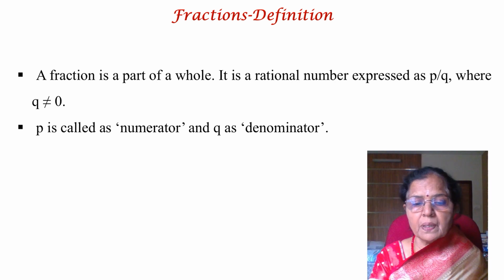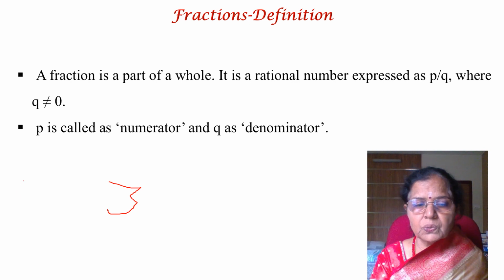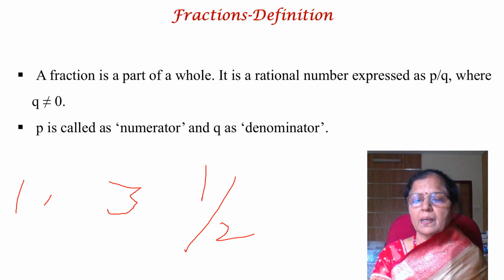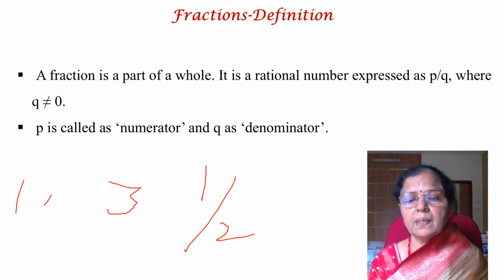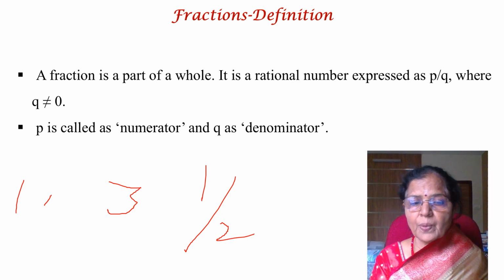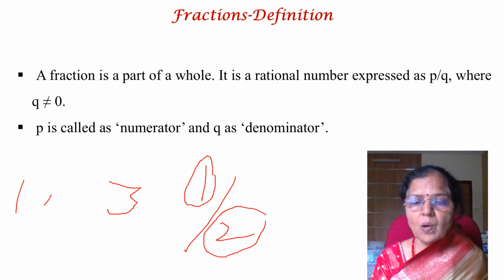For example, this is one full whole. 1, 2, 3. This is a whole number. And a fraction is half of it, 1 by 2, where the number which is above the horizontal line, the bar, is the numerator. 1 is the numerator and 2 is the denominator.